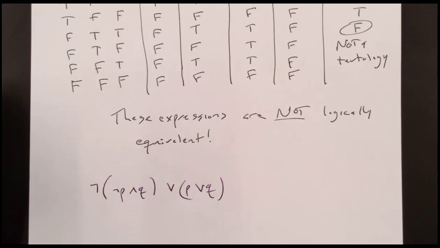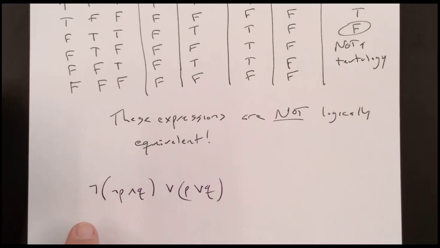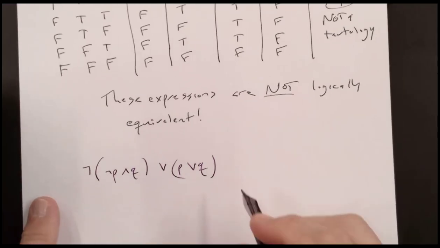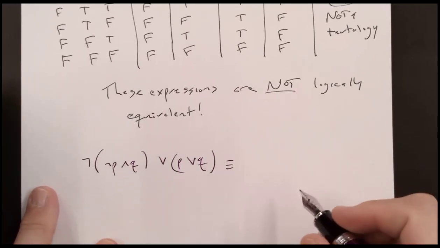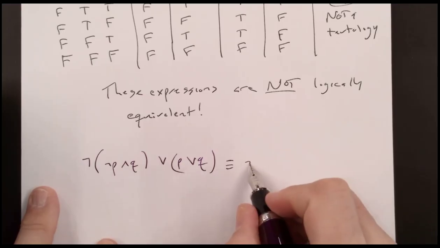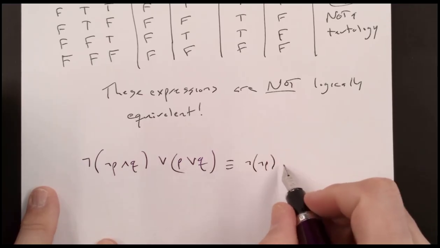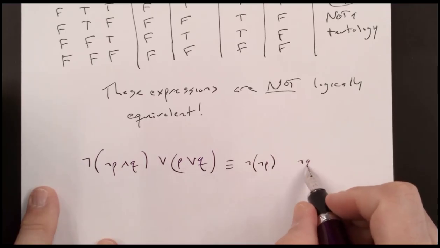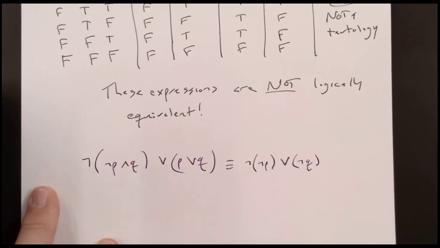Okay. My first reaction on looking at this is, ew. But I have a not outside a set of parentheses. There's an and in there, so let's distribute. That's our De Morgan idea. So if I use De Morgan, I distribute that to each of the pieces, and I change the sign in the middle.